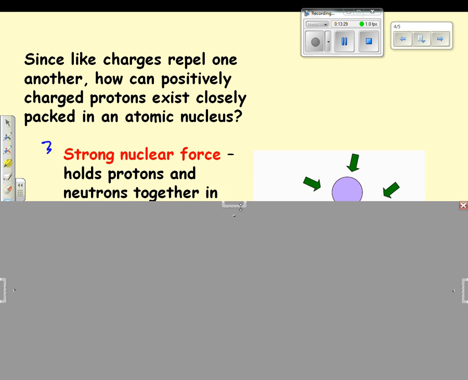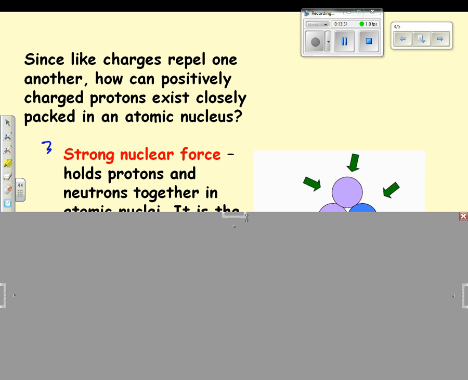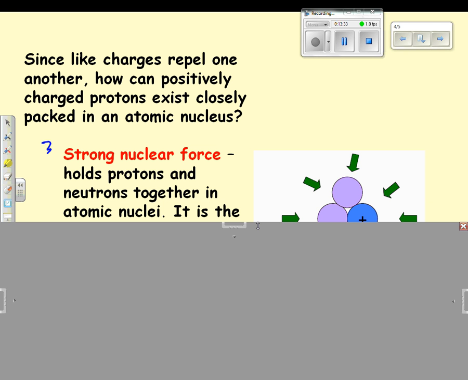Okay? So the third fundamental force is what's called the strong nuclear force. Strong because it's really strong. Nuclear because it's in the nucleus.